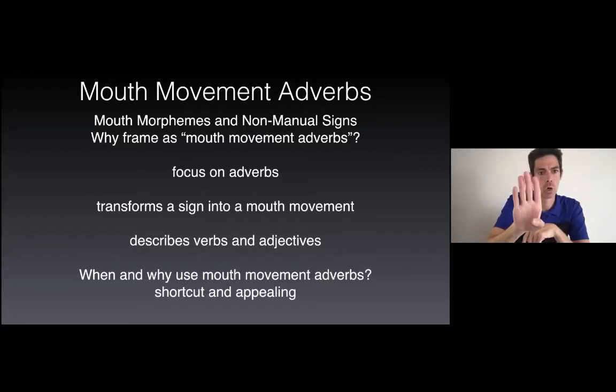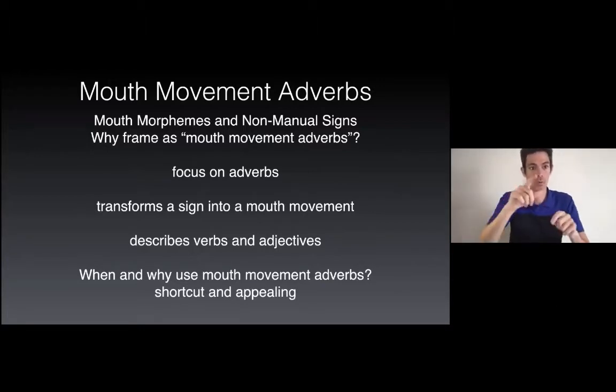I want to focus here on adverbs, because this is when you don't have to sign that word that's depicted in your facial expressions or your body language, whether it's an adverb or an adjective. So it's on your face. That way you use fewer signs, and it's a neat way to communicate. I'll explain further.